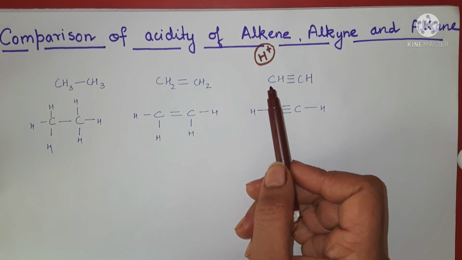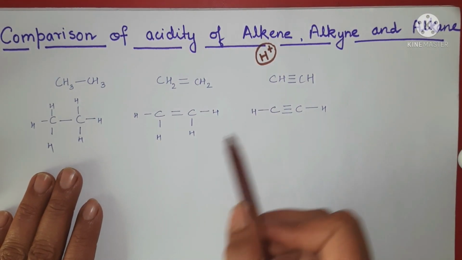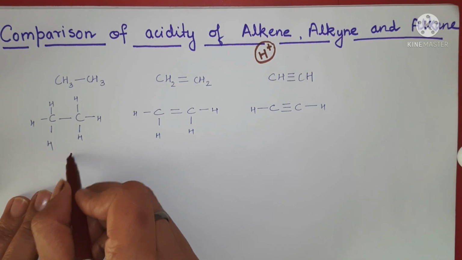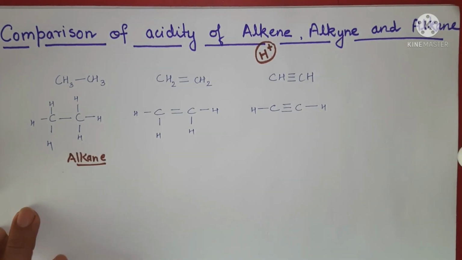So first of all, we need to understand the structure of these compounds. Here you can see this is the alkane molecule. The name of this alkane is ethane.